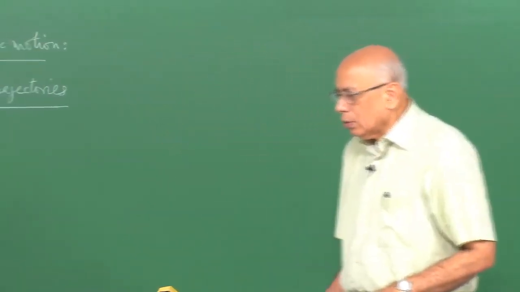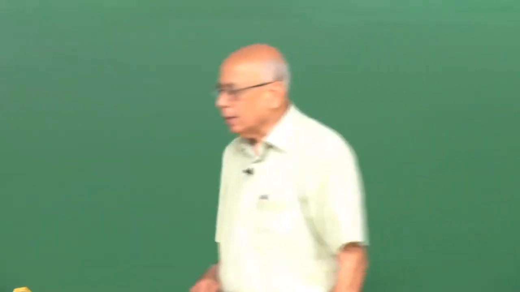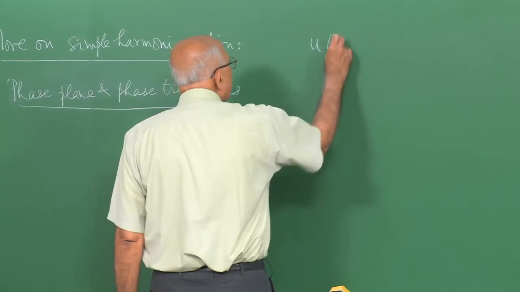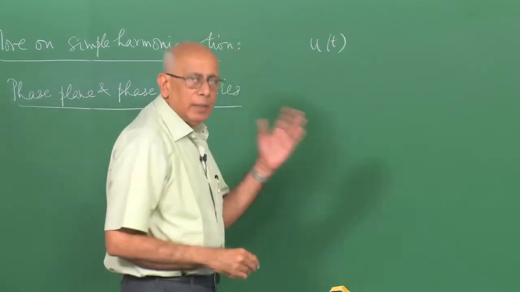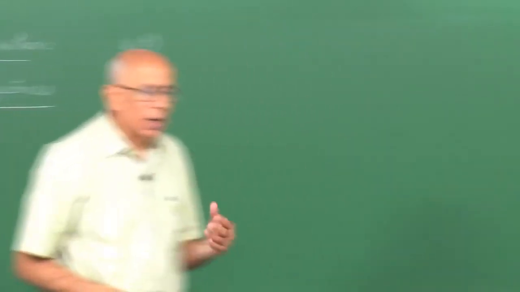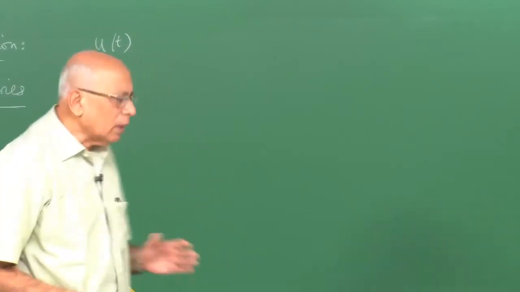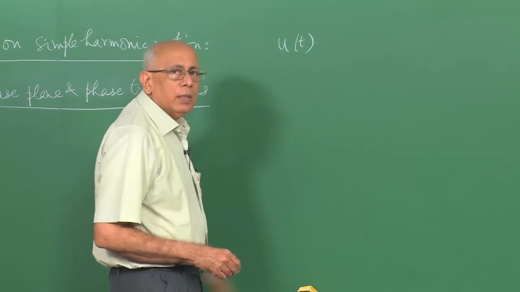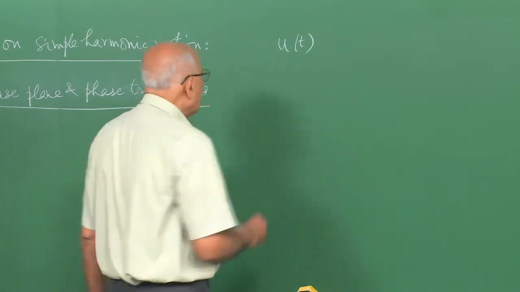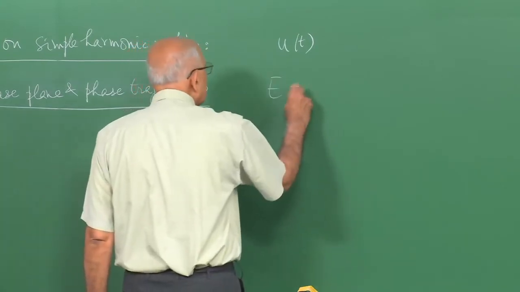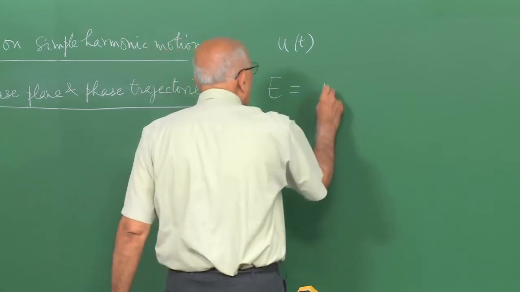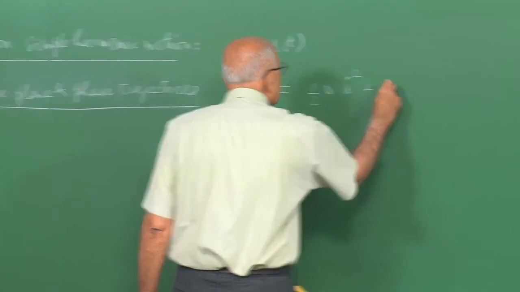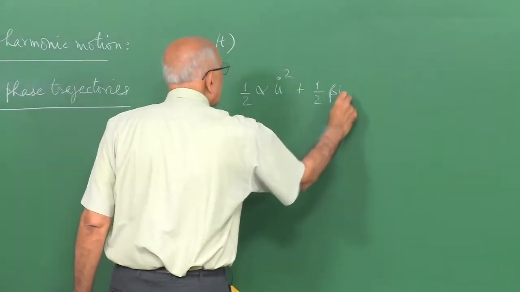Now to recapitulate what we had done earlier, we found that if you have a variable u of t, whatever it be, a displacement or a charge or a liquid level or whatever it be, it displays simple harmonic motion if the following thing happens. If the energy of the system is of the form some constant times u dot squared plus some constant times u squared.